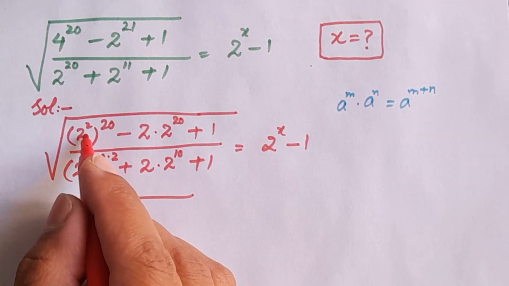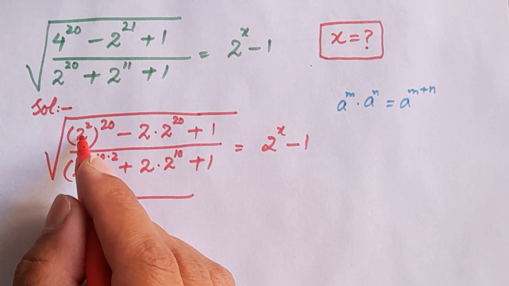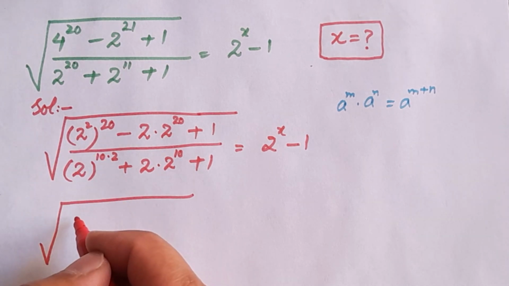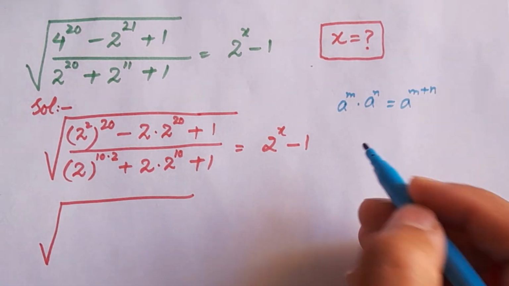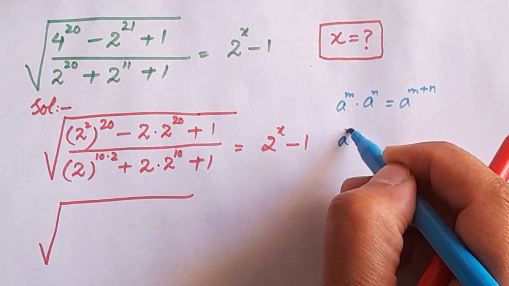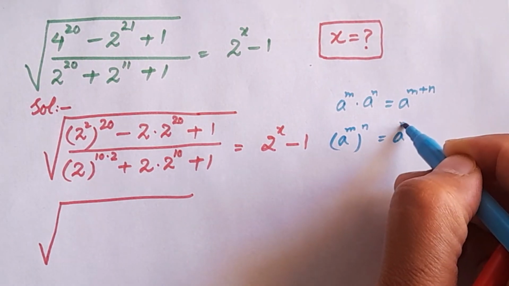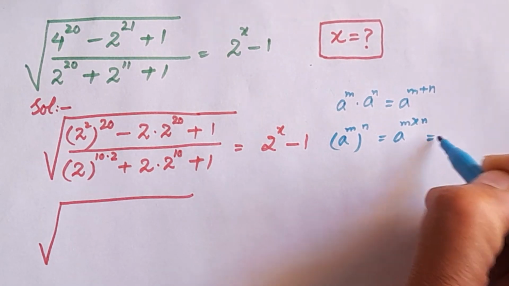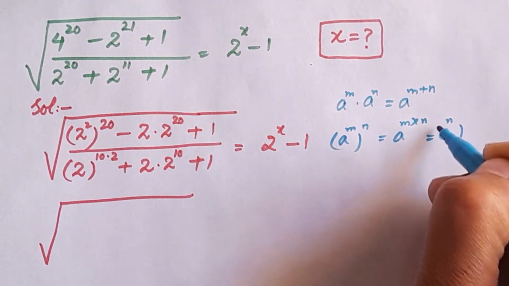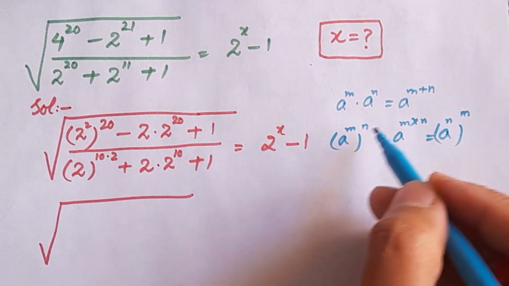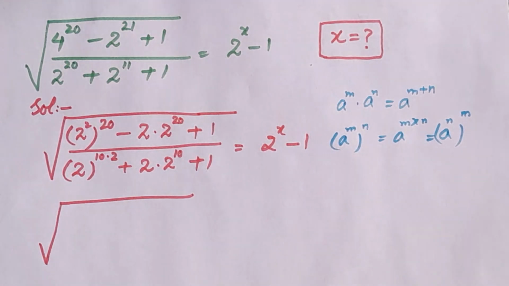Here we are going to write 2 to the power 20 and whole power 2, because we know according to the power of a power rule, a raised to power m raised to power n is equal to a raised to power m times n, and this can also be written as a raised to power n raised to power m. Means we can switch the powers.